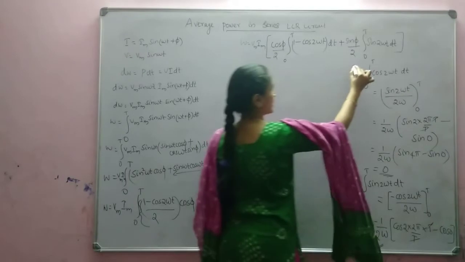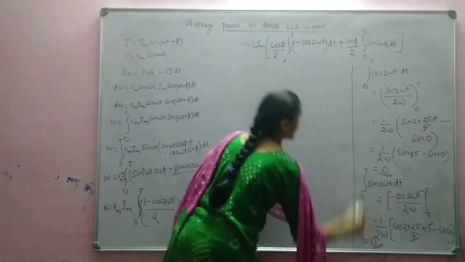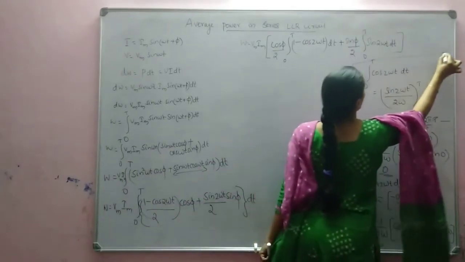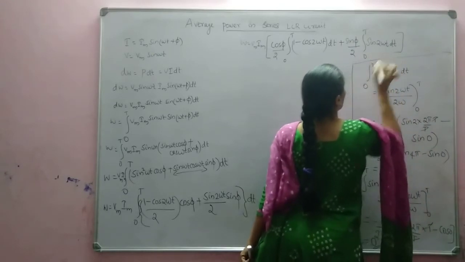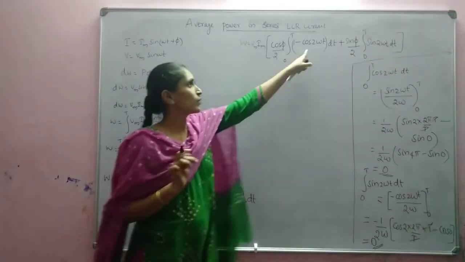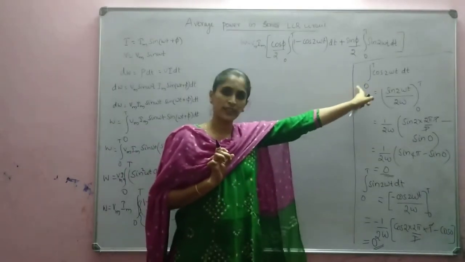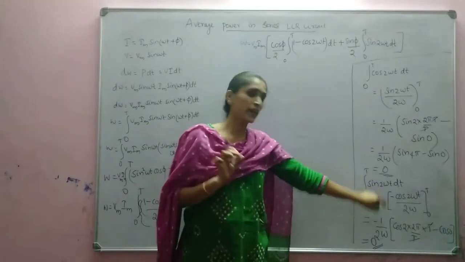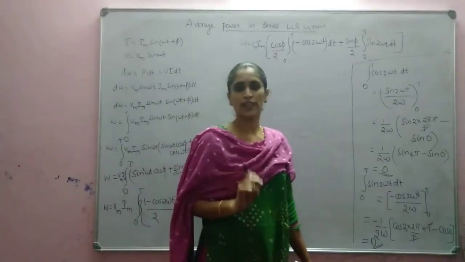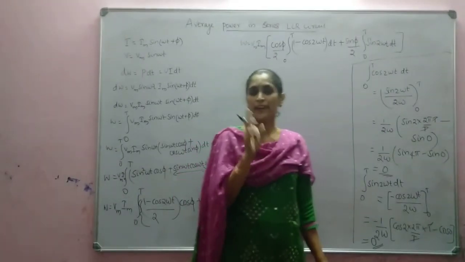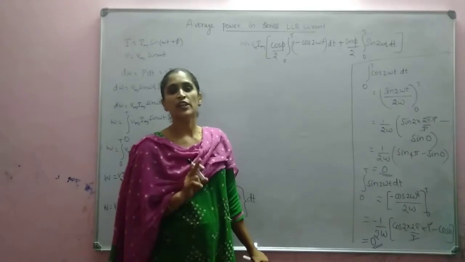Okay, so we can say that integral cos 2 omega t dt for one cycle it is 0, integral sin 2 omega t dt for one cycle is 0. So whether it is sine function or cosine function, for one time interval its average value will be 0.